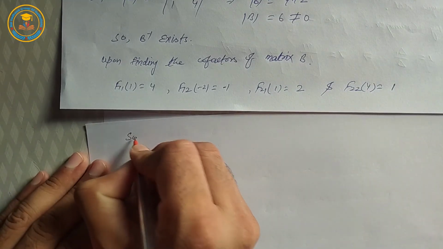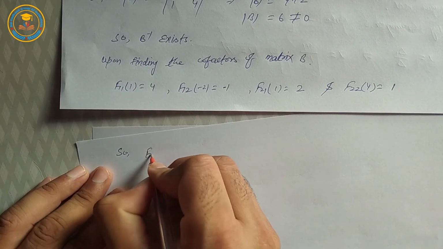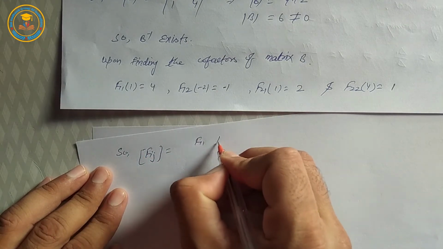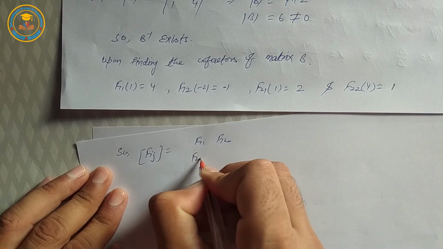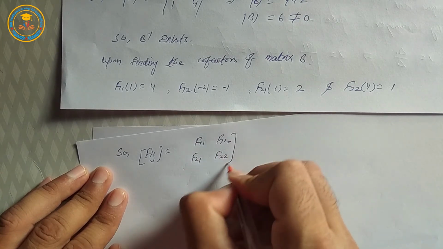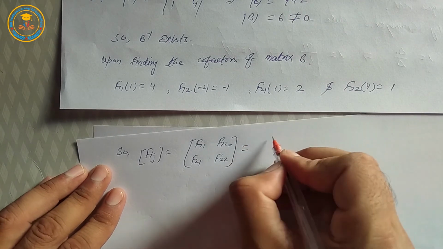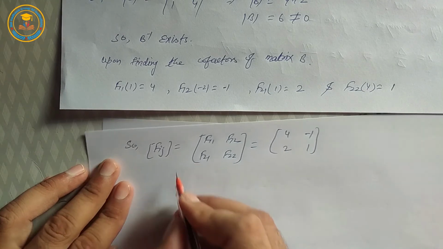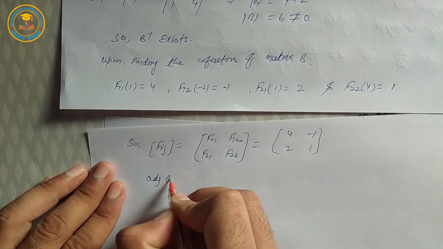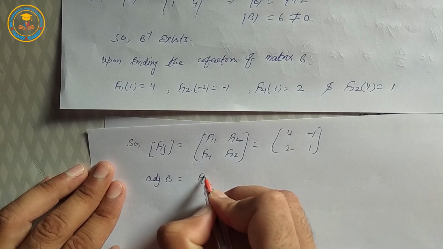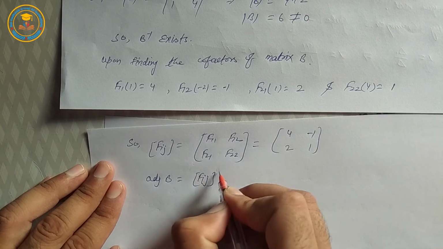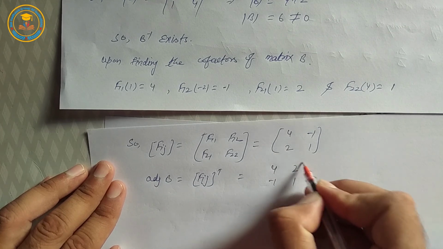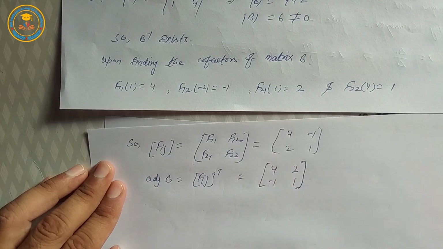So Fij is equal to [F11 F12; F21 F22], which is equal to [4 -1; 2 1]. Adjoint B is equal to the transpose of matrix Fij, which is [4 2; -1 1].